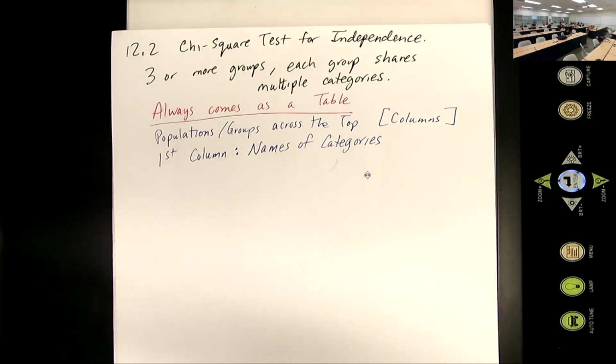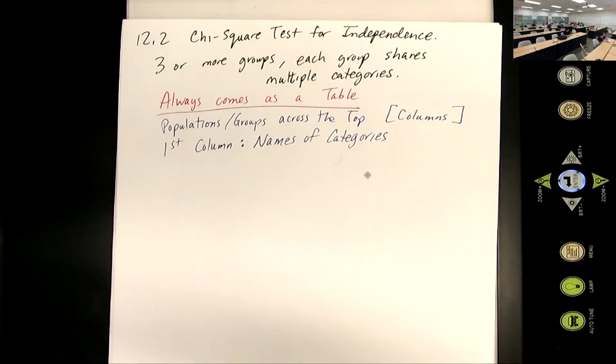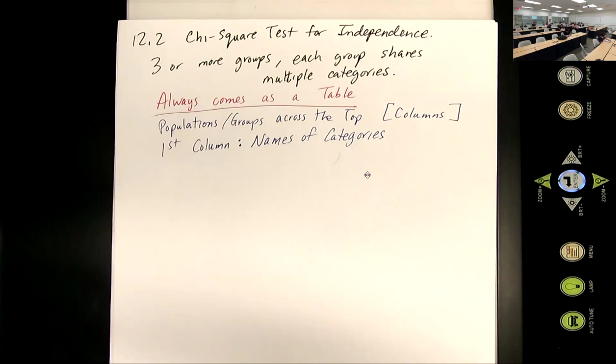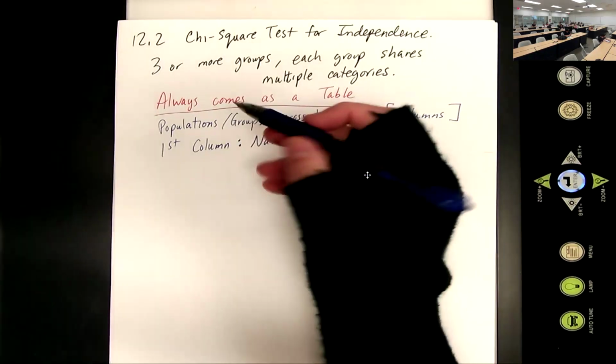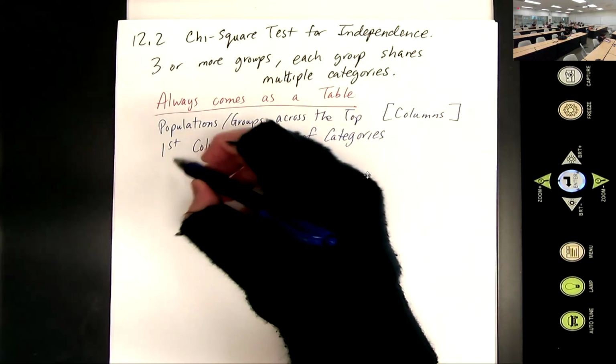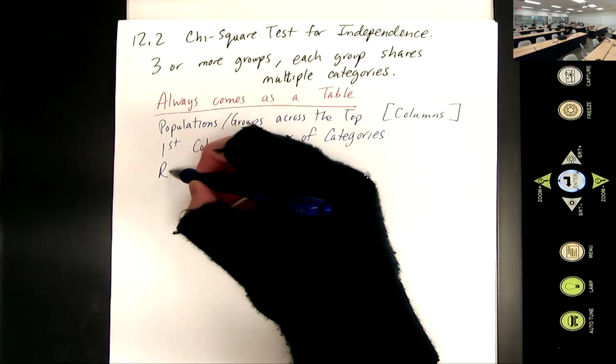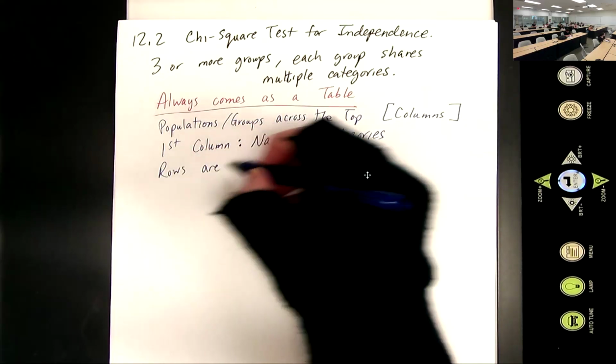That was just put in there for me and for you, so you can see that they matched up, but StatCrunch requires you to have those labeled. And then the rows are the categories.